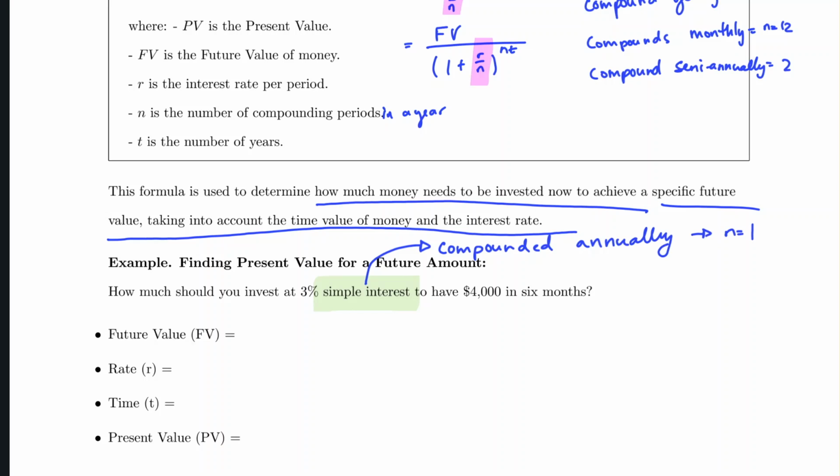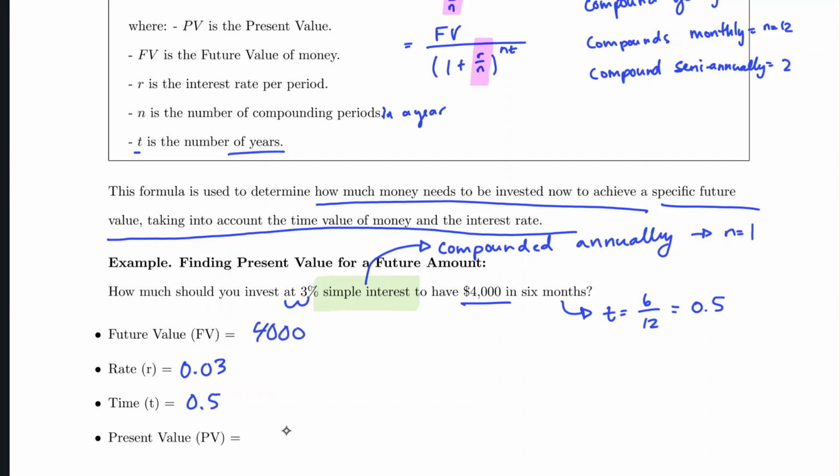Now 6 months, our t is in years. So to turn 6 months into years, t is 6 months out of 12 months. So that's a t value of 0.5. Our rate was 3%, changed to a decimal is 0.03. Our time is 0.5. The future value we need is $4,000.